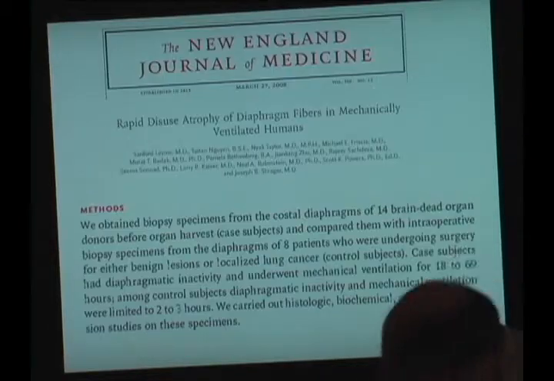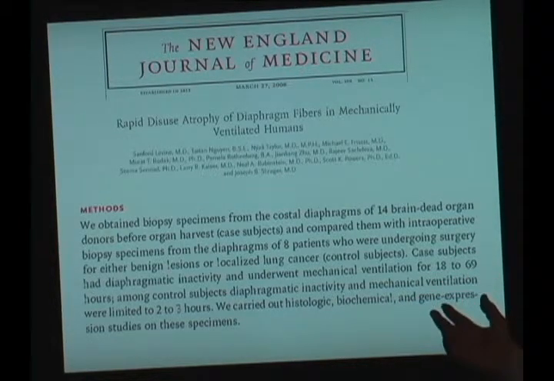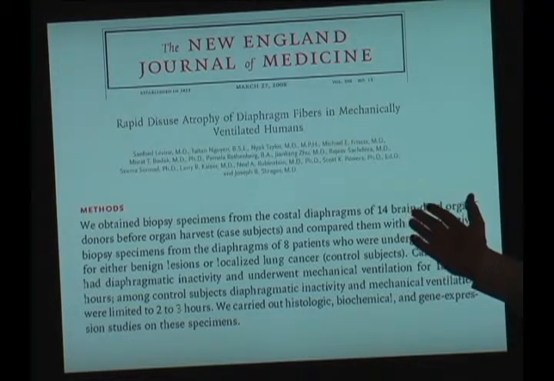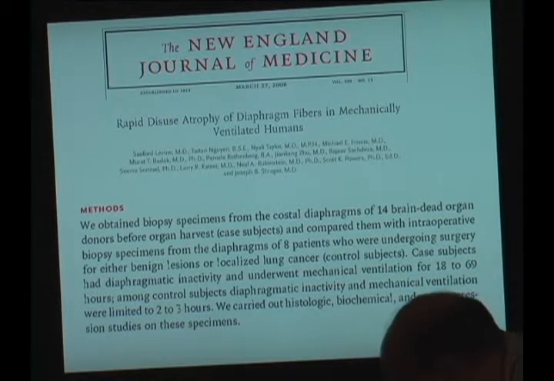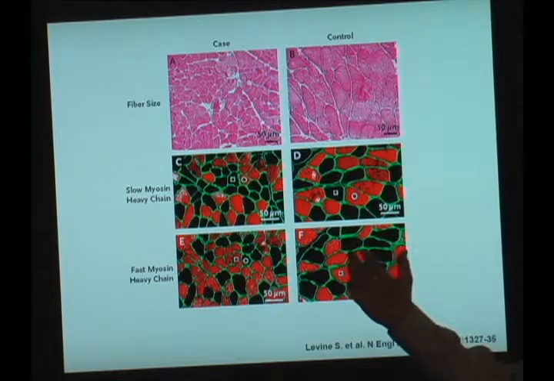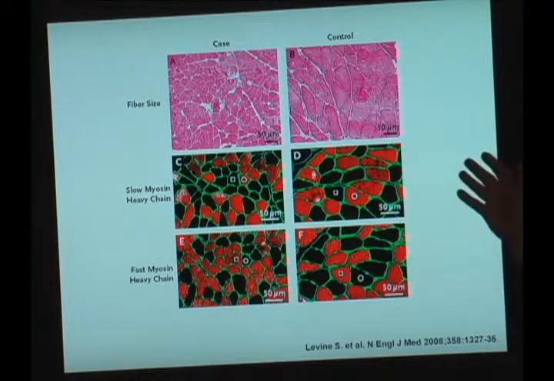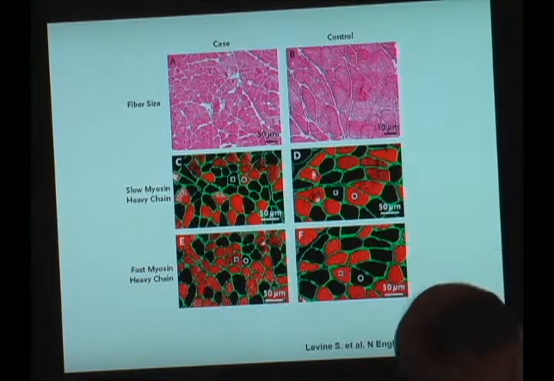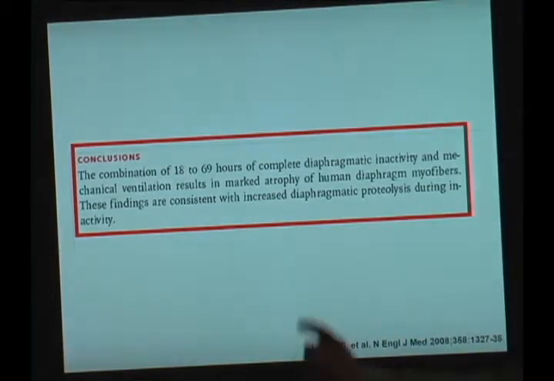And just to be sure that we produce damage when the electrical activity is flat, everybody knows this study, and we know that the muscle fibers of the diaphragm become atrophic in 18 to 16 hours.